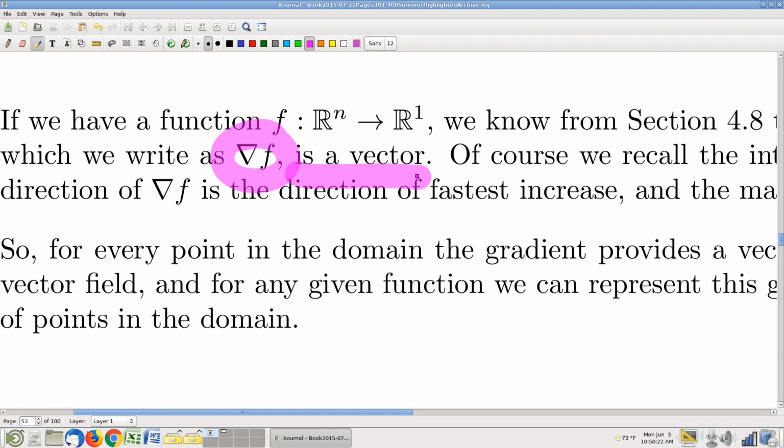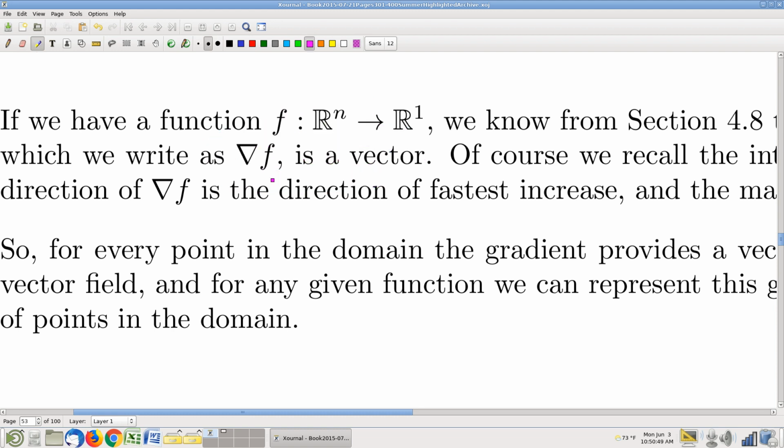But I observe, the innocent observation, that you give me any point in the domain, I could compute the corresponding gradient vector at that point. So for every point in space, gradients of real valued functions give you corresponding vectors at those points.